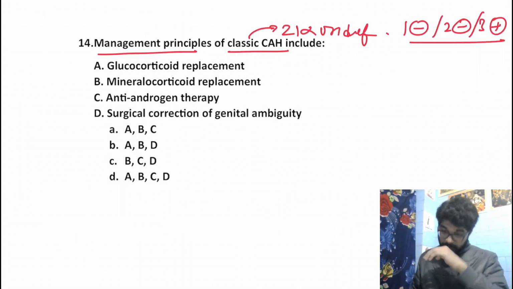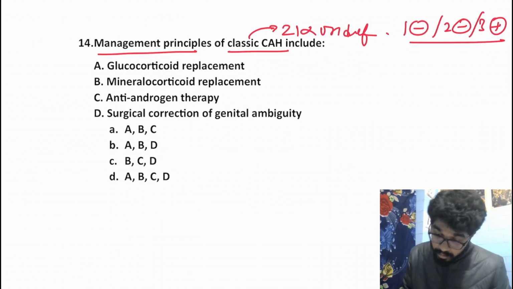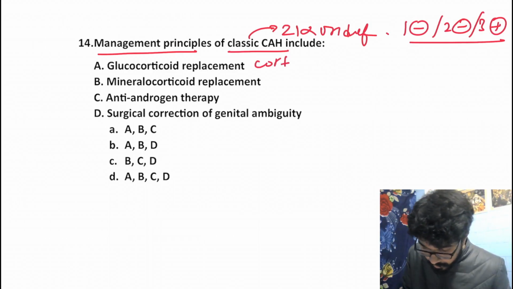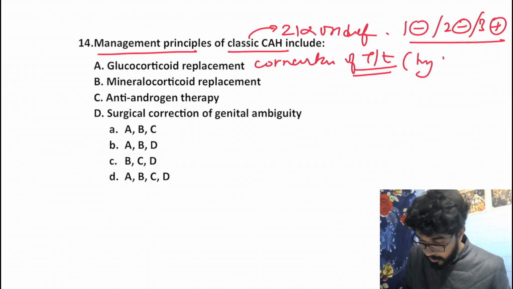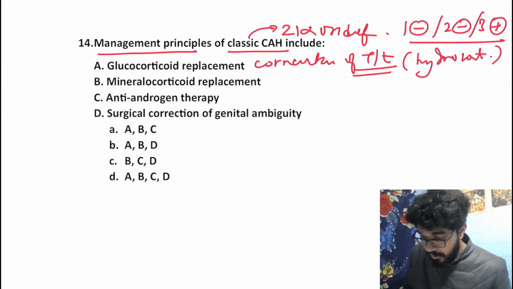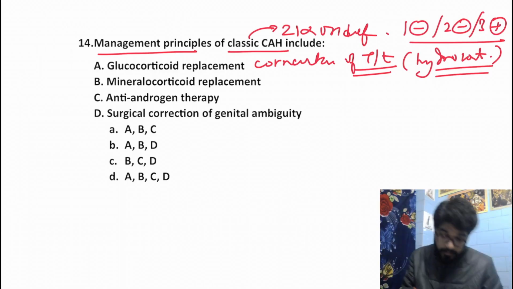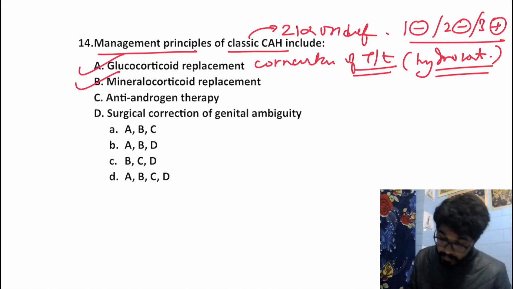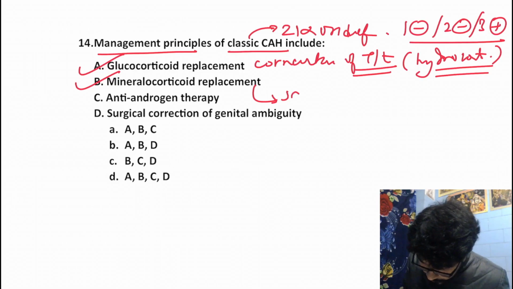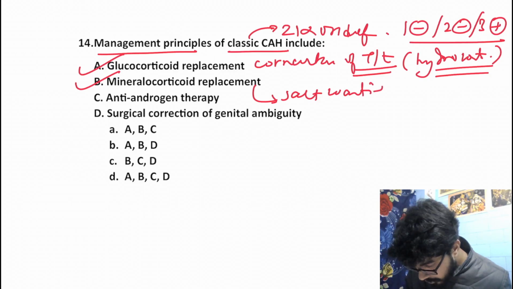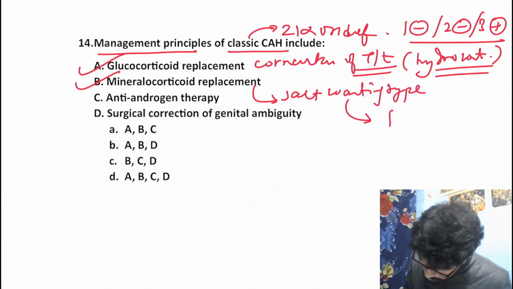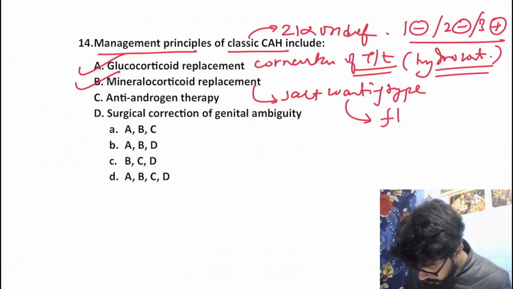So glucocorticoid replacement, yes, this is the cornerstone of CAH treatment because 2 is always deficient, and we do it with hydrocort. So yes, A is required. Mineralocorticoid replacement, yes, this is again required, especially in the salt wasting type, and we use fludrocort.